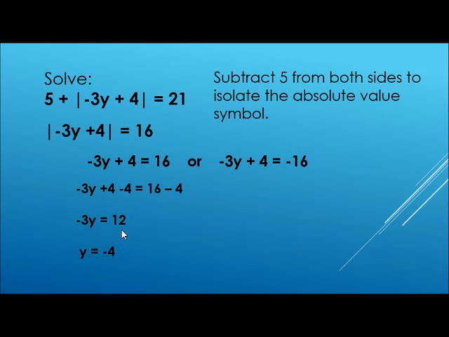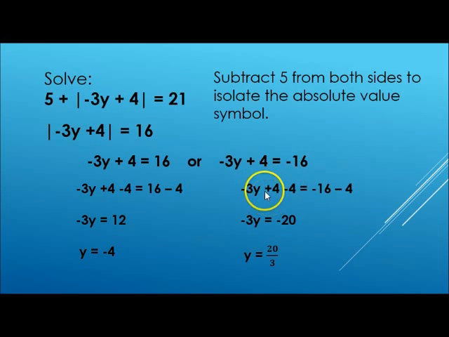Well, y is still not alone. I've got to divide both sides by negative 3. When I divide both sides by negative 3, the y ends up alone because the negative 3's will cancel. That's going to be equal to negative 4, because 12 divided by negative 3 will be negative 4. Okay, now let's basically do the same thing to the right side.